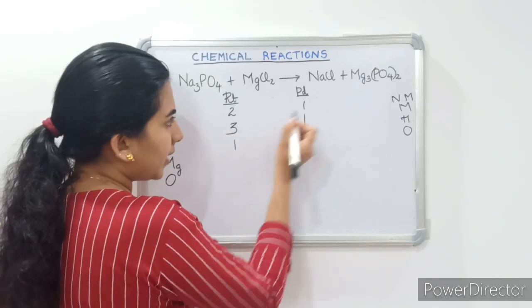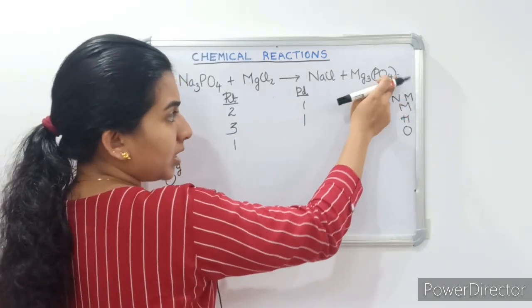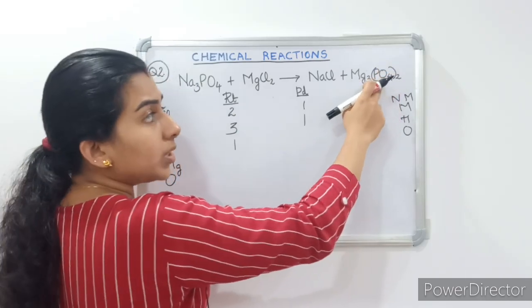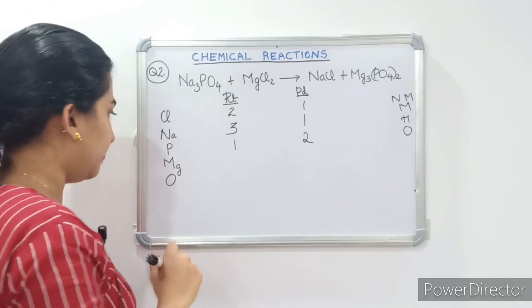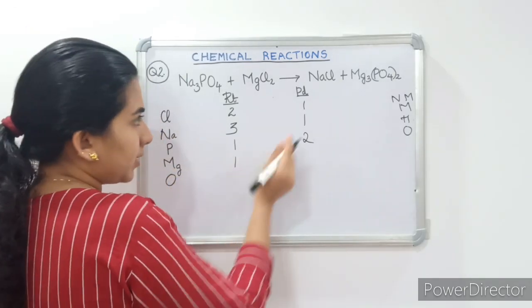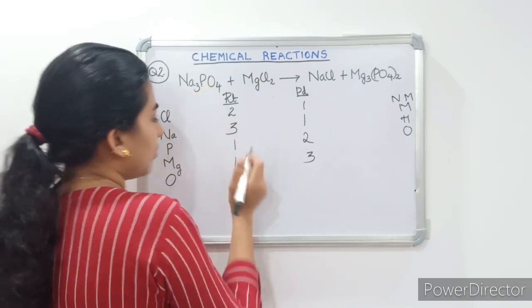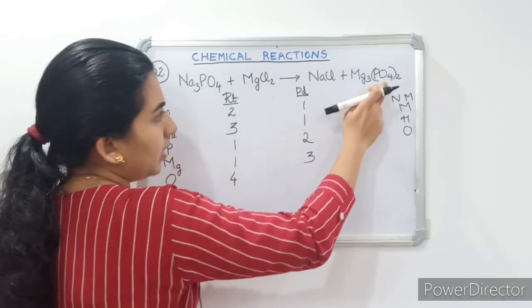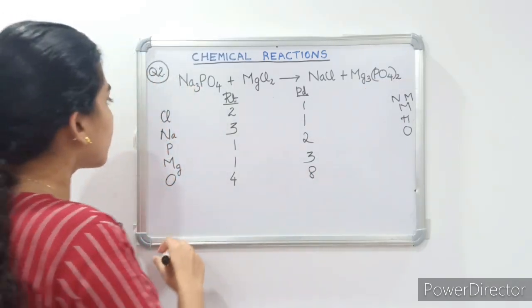Phosphorus, it is 1 on the reactant side, and see the 2 is written outside the bracket, which is effective for both oxygen and phosphorus. So, 2 on the product side. Next magnesium, 1 on the reactant side and 3 on the product side. Oxygen, it is 4 on the reactant side and 4 into 2, 8 on the product side.